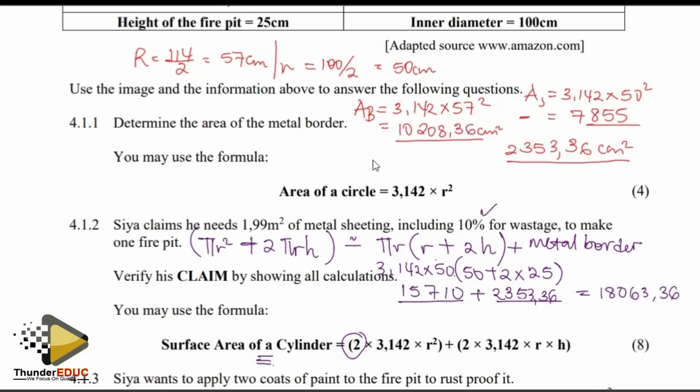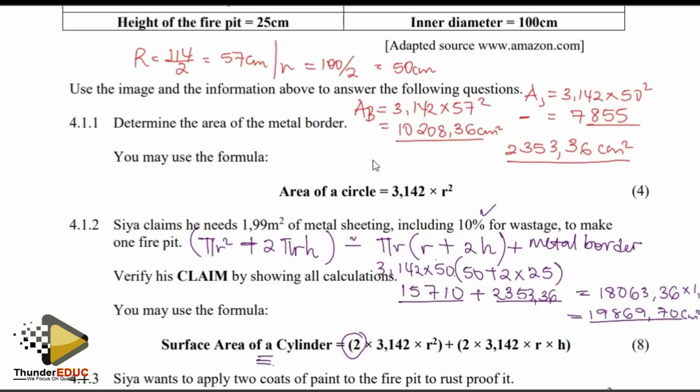So we are going to increase, including the 10% for wastage. That means we're going to increase this by 1,1. So you have the answer as 1,986,9,7. These are centimeters squared.